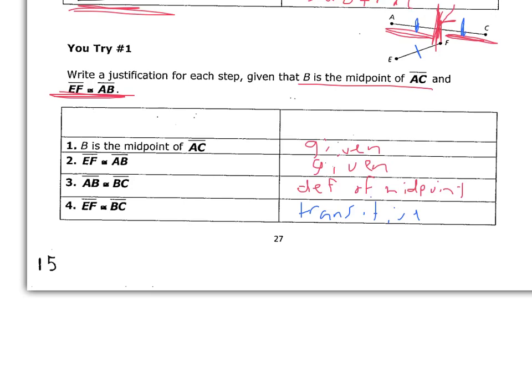What it's saying is if BC is congruent to EF and AB is congruent to BC, then you can go ahead and conclude that BC is congruent to EF.